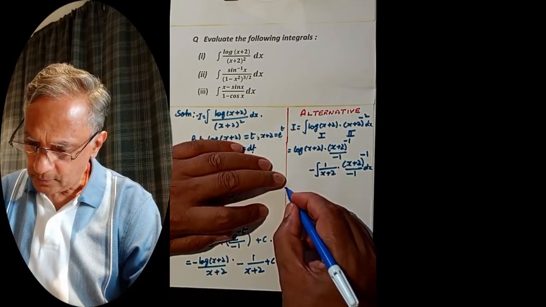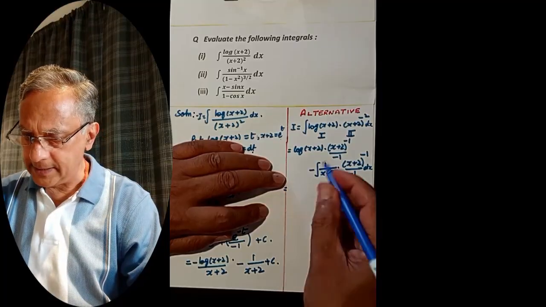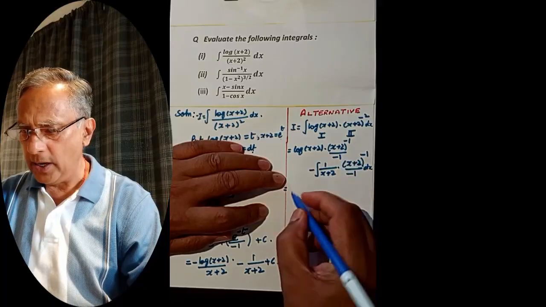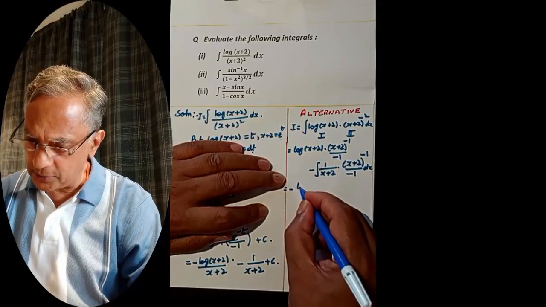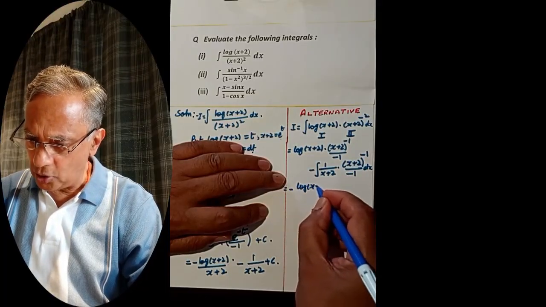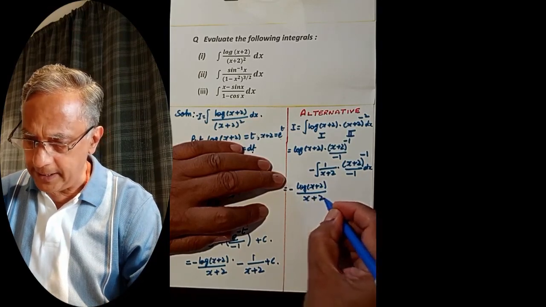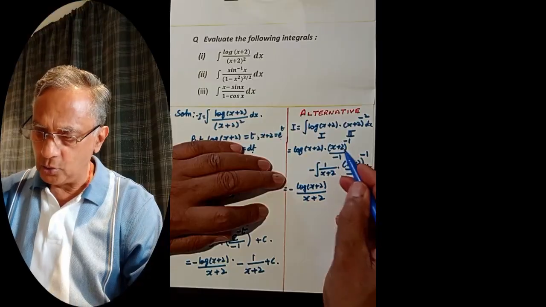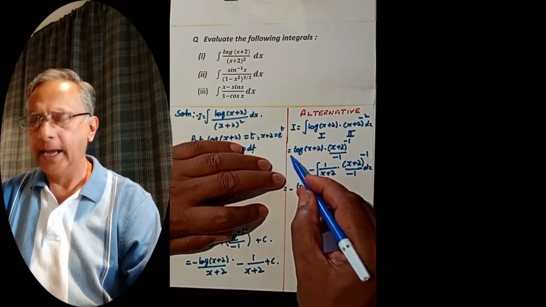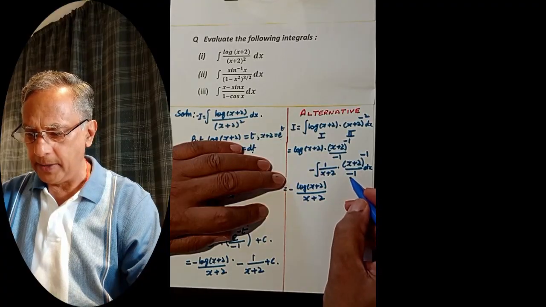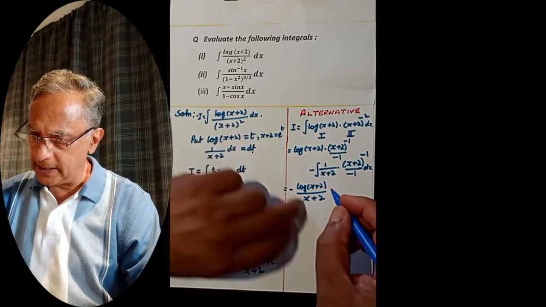And this is equal to minus 1 over x plus 2. So this will be minus log of x plus 2 divided by x plus 2. And minus minus is plus.